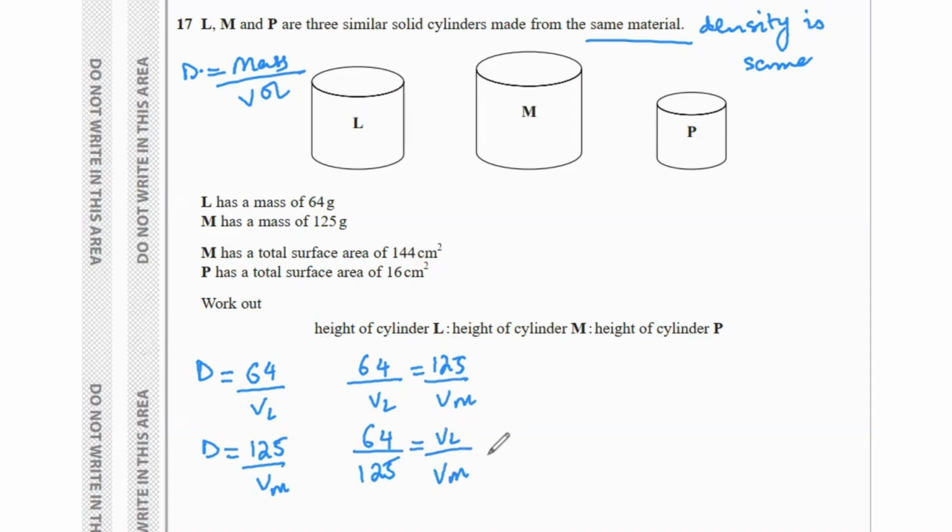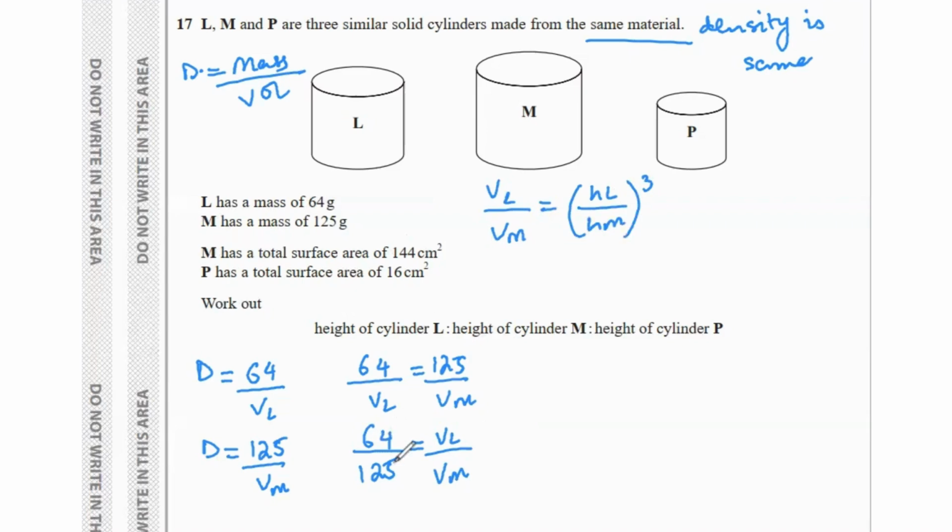Now, if you remember, in similar shapes or solids, whether it's 2D or 3D, the ratio of the volume is equal to the ratio of the cube of the lengths given for the shape. So basically what I mean is that this equals this.